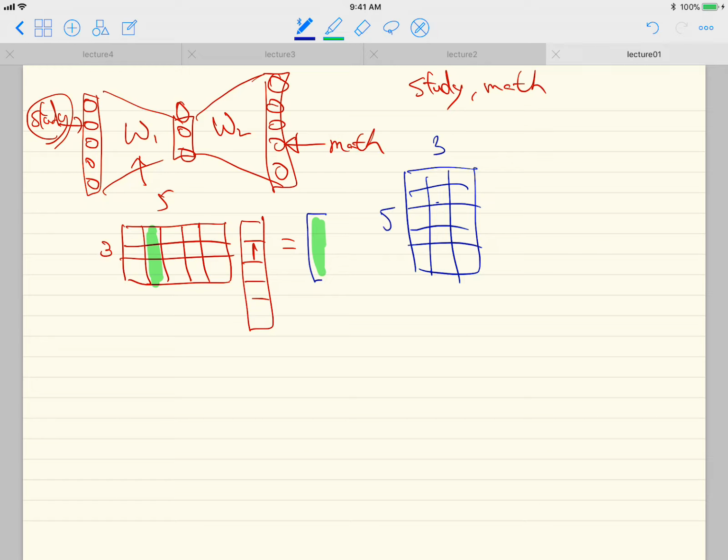This green one is used as an input vector, so that green vector is the center word vector of study, right? So far, these are all what we studied already.